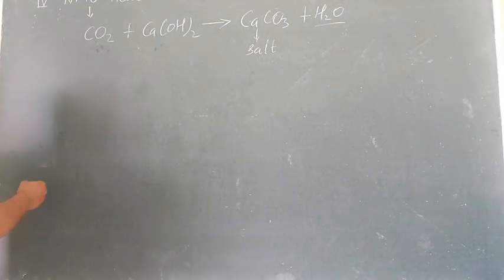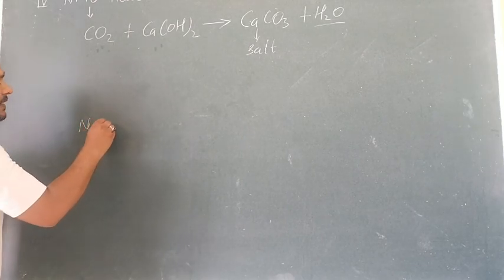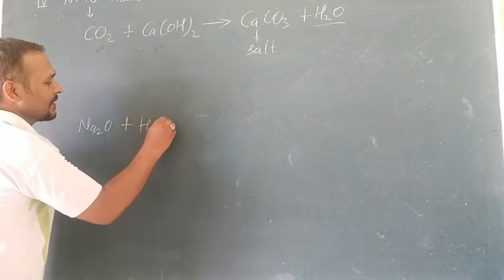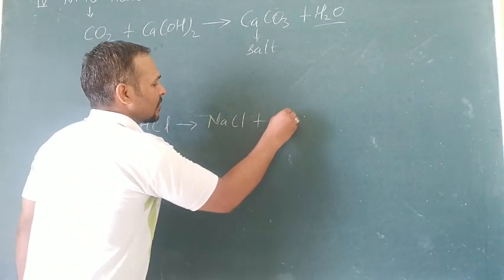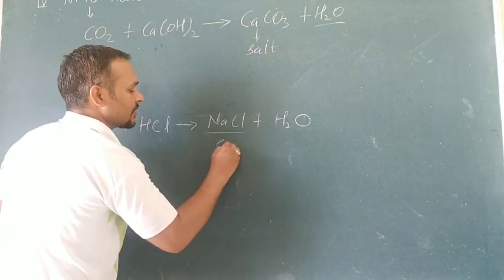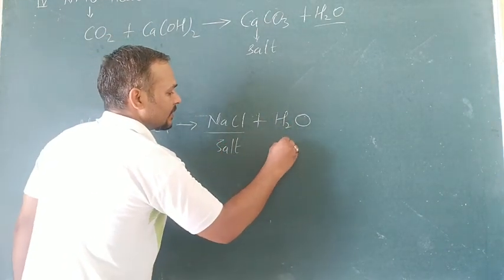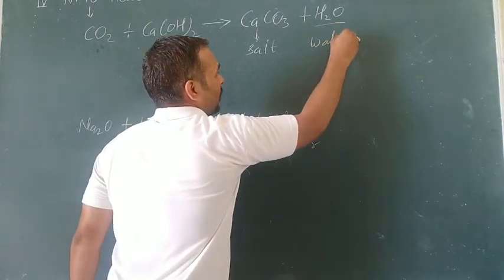In the previous reaction also you have seen that when metallic oxide like sodium oxide reacts with acid, it gives sodium chloride plus water. So it is salt and water. Here also you can see the salt and water.